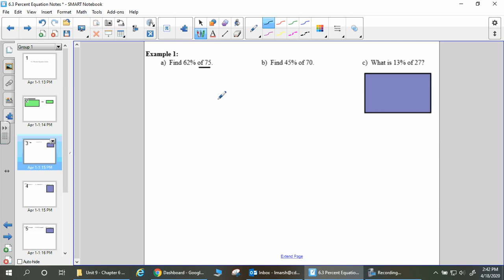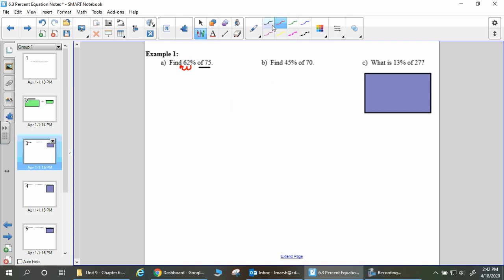Our percentages will still have percent signs, so things are still easy to locate. The difference here is I can't use 62% like it is. I have to make it a decimal. The way you make it a decimal is you think about the fact that there would be a decimal behind the 62, and all you're going to do is bring that decimal forward 2 places.